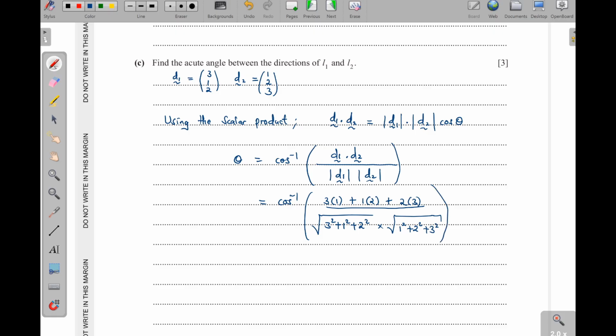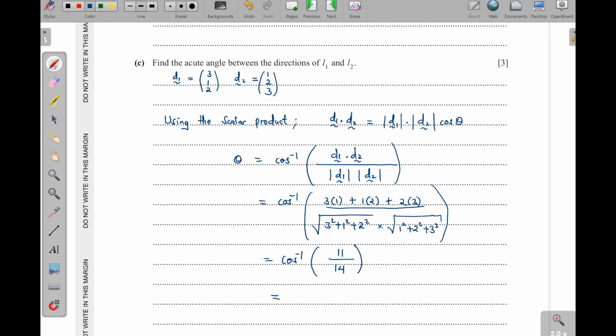Okay, so what are we going to have here? Let us simplify this one. This is 6 plus 2, 8, then plus 3, that is 11. So that is 11, then out of, this one is 4, then 5 plus 9, that will be a 14. Even here we have 9, 13, 14. So root of 14 times root of 14, that one gives us a 14. So I'll just write here 14.